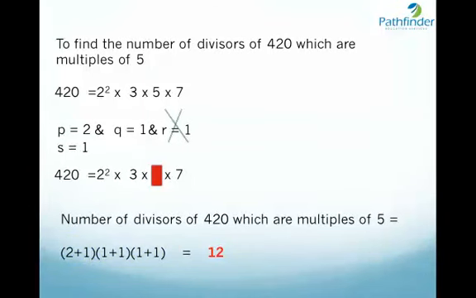On multiplying this, we get 12 as the answer. So the number of divisors of 420 which are multiples of 5 is 12. If we were asked for multiples of 7, then we would have ignored s, that is, we would have ignored the prime factor 7 from the above prime factorization.